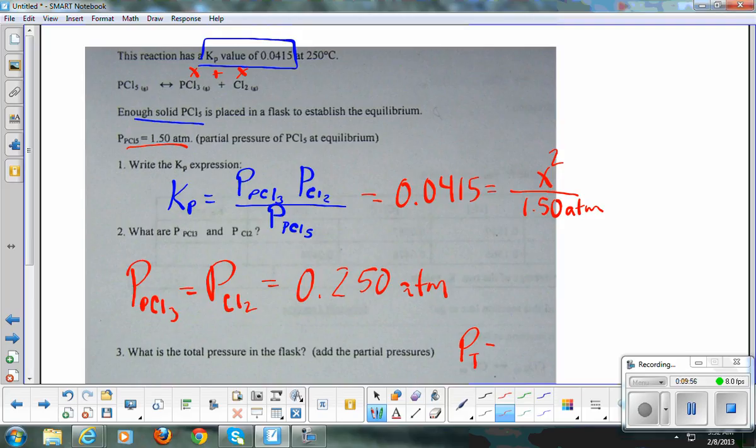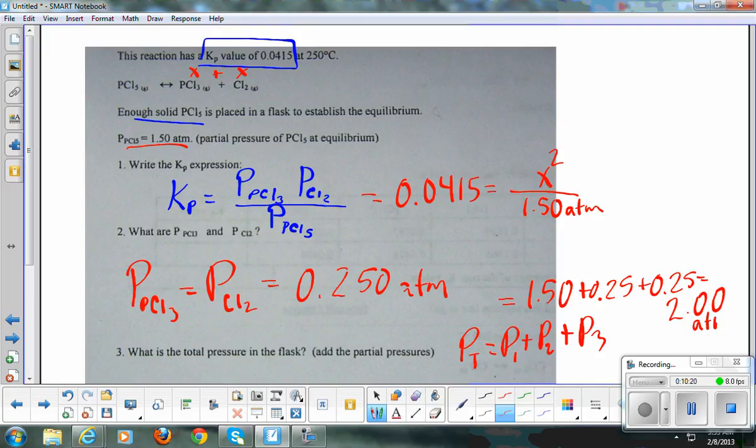So PT is equal to pressure 1 plus pressure 2 plus pressure 3. So to get the total pressure in the flask, I'm going to take 1.5 plus 0.25 plus 0.25, and that will give me what for the total? 2.00 atmospheres for the total pressure in the flask.